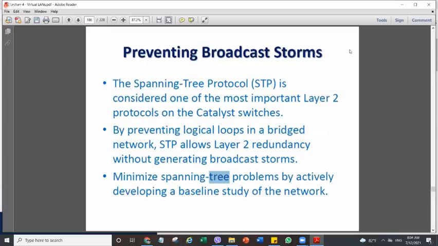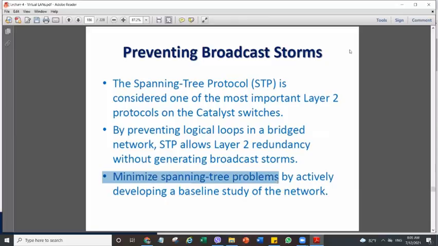So here it says minimizing spanning tree problems, right? We can minimize the spanning tree problem. Even though spanning tree is a recommended way to prevent the broadcast storm, it also introduces some sort of unnecessary traffic to stabilize the network, or some other problems.